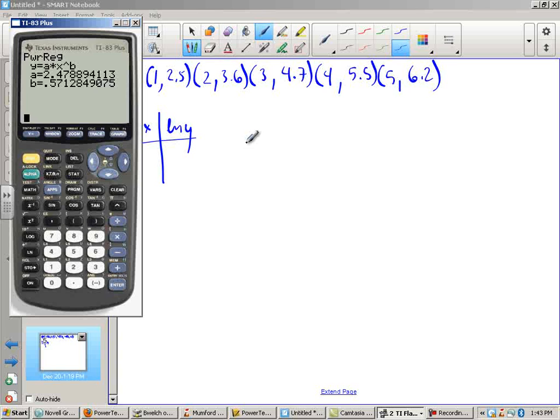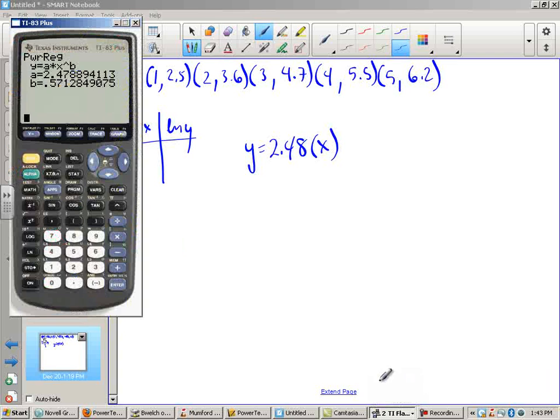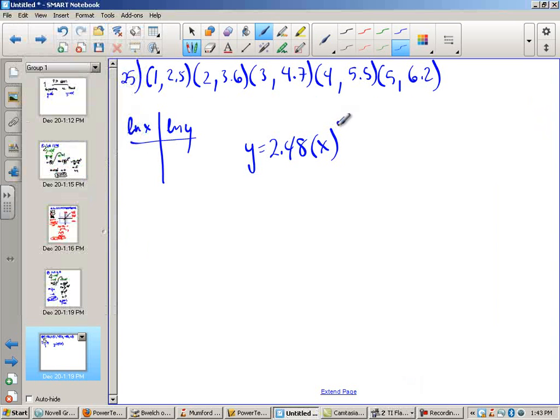So y equals 2.48 x to the, and the b was 0.57. So 0.57. And there's the equation of our power model, our power function, for question number 25.